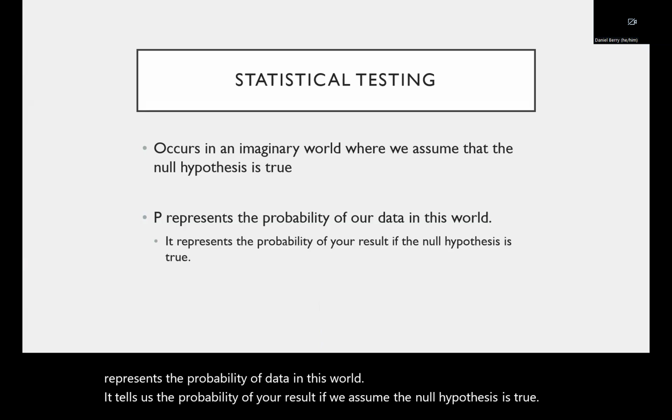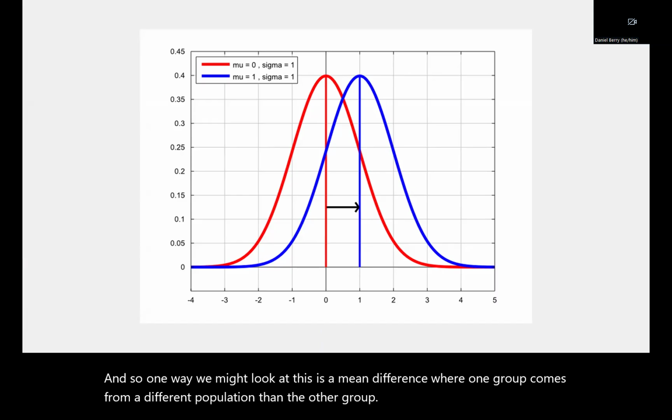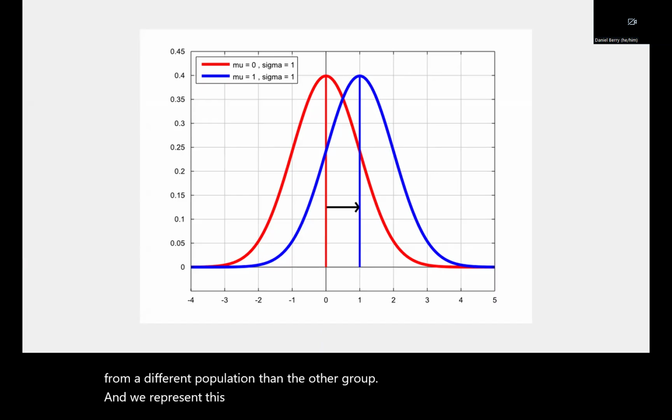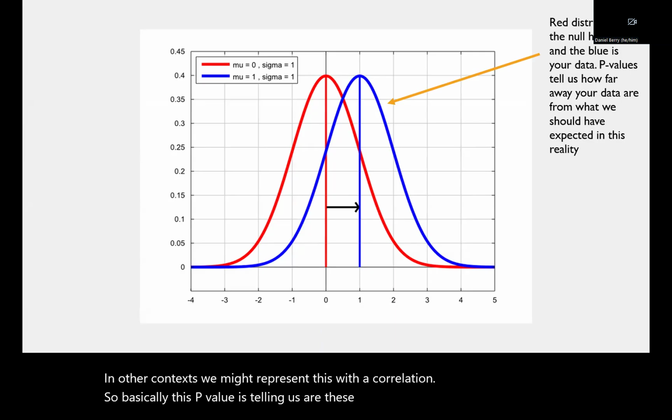One way we might look at this is a mean difference, where one group comes from a different population than the other group. And we represent this with a mean difference. In other contexts, we might represent this with a correlation. So basically, this p-value is telling us, are these two means different from each other? And that's the way that we interpret it.